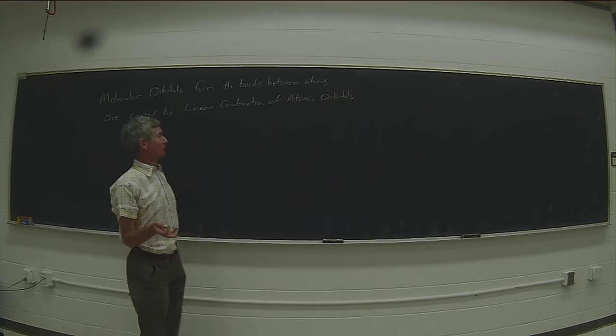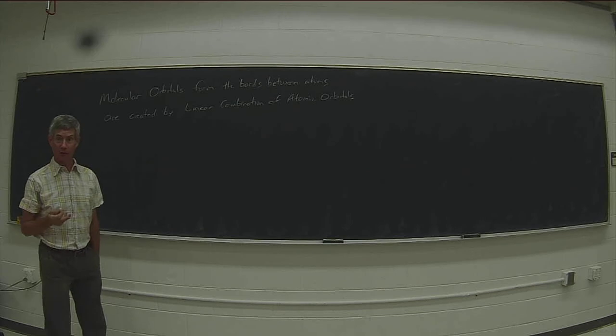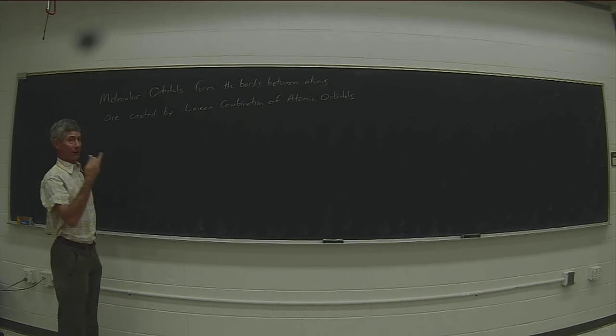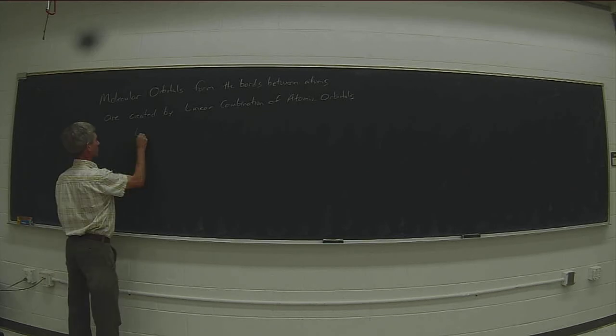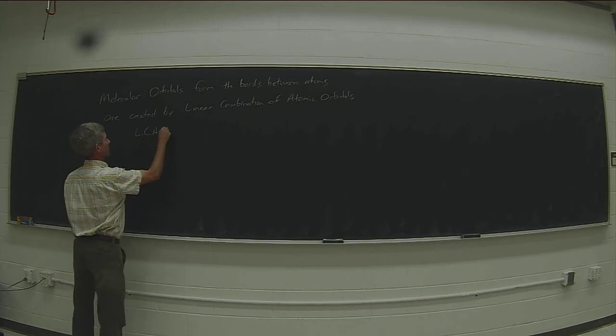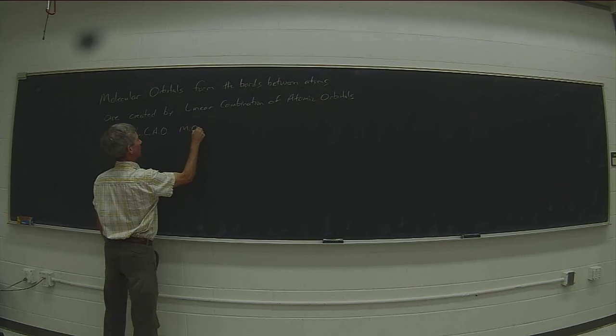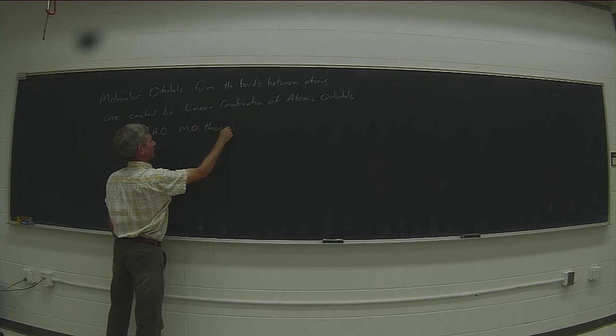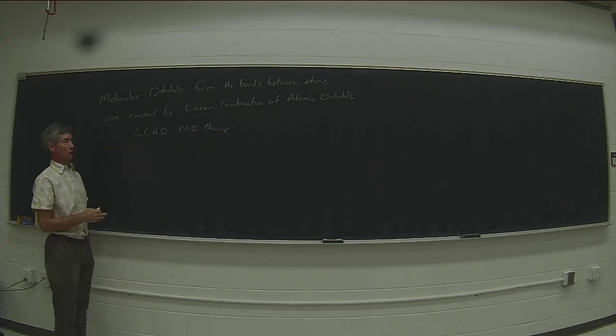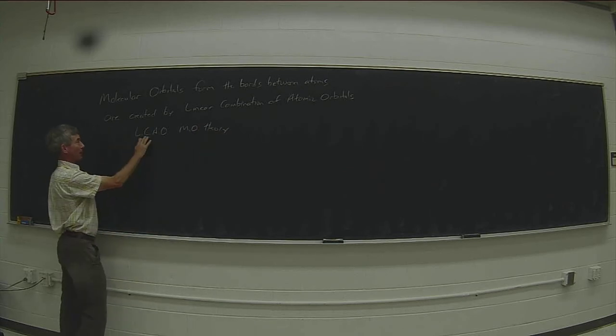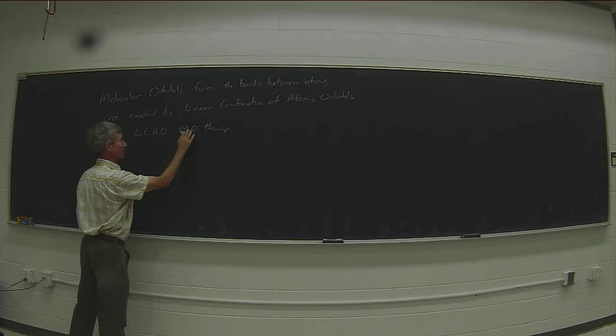So if you have a firm understanding of what the atomic orbitals look like, you can use that understanding to create molecular orbitals. And this is generally known as LCAO-MO theory. Linear combination of atomic orbitals to create molecular orbitals.